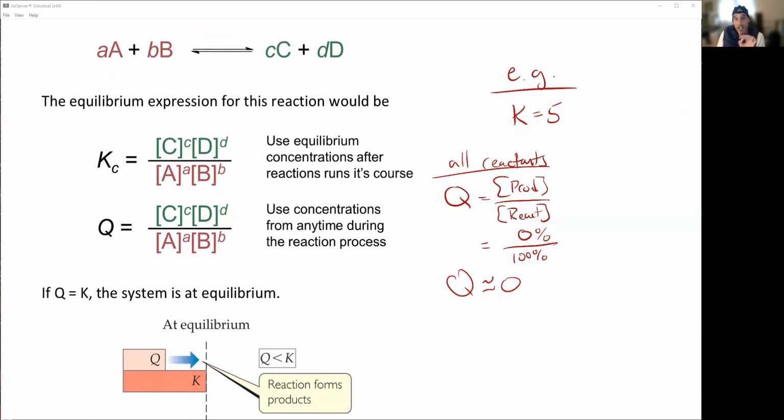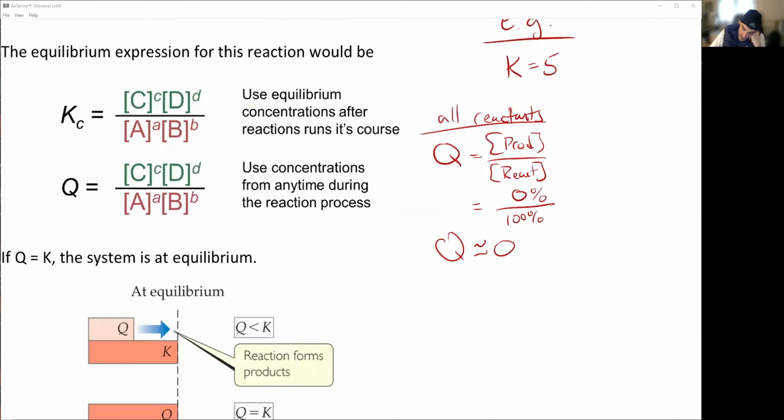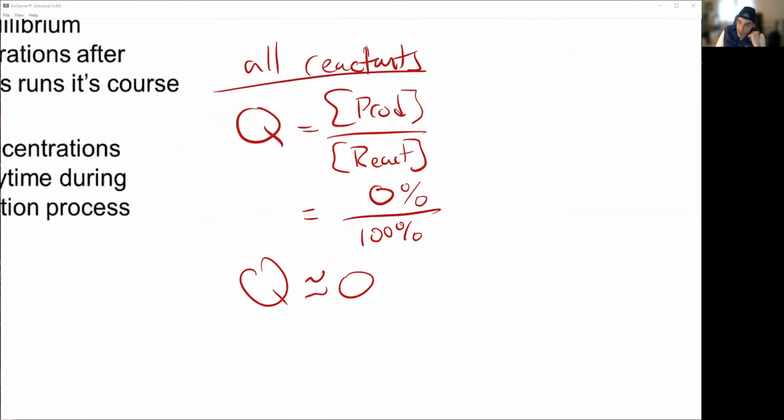What Q is telling us is that in order to reach equilibrium, Q has to increase. The reaction quotient is basically saying this is lower than the K value.